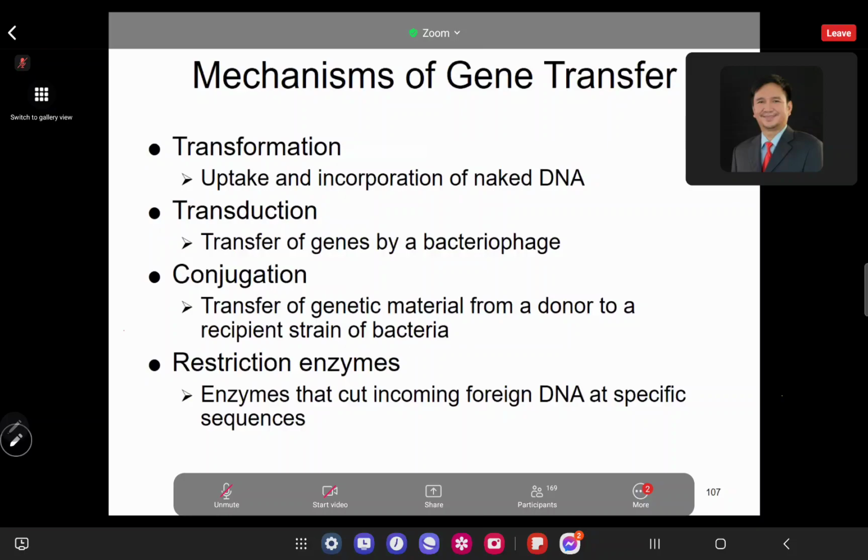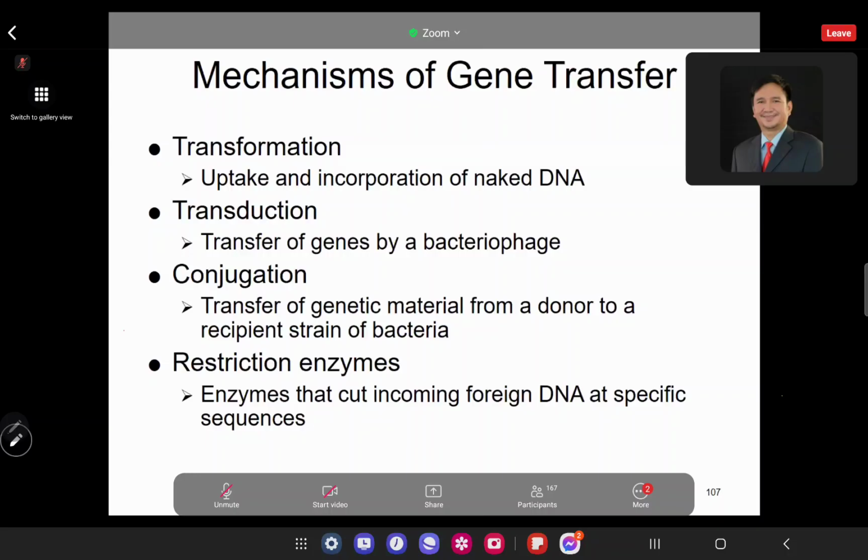And our second to the last slide, mechanisms on how genes are transferred from one bacterial cell to the other. So let's start with transformation. It's the uptake and incorporation of naked DNA from the environment into a bacterial genome.